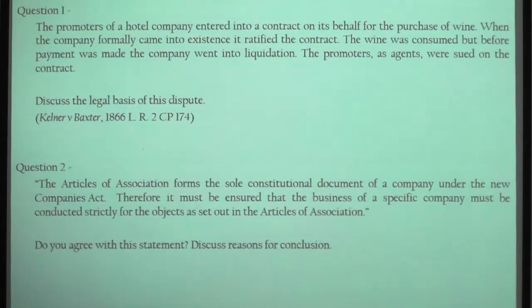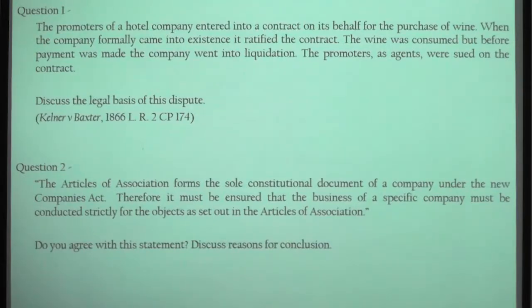Yes, I do. Because the very nature of the Articles of Association, being the constitution of the company, needs to be abided by, and the company must operate within those parameters of the company articles.